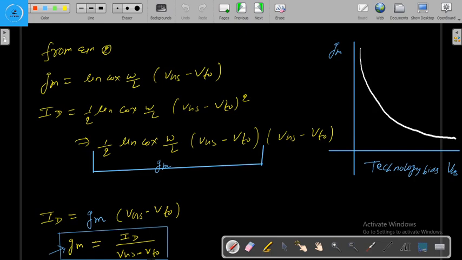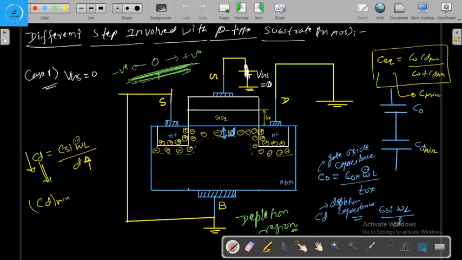Now we are going to see the contact between the semiconductor and the metal.